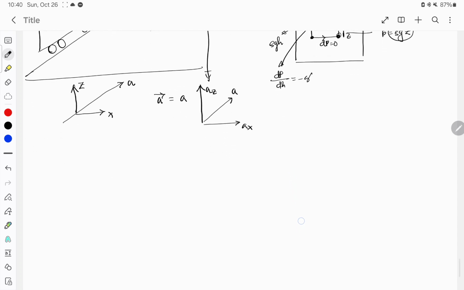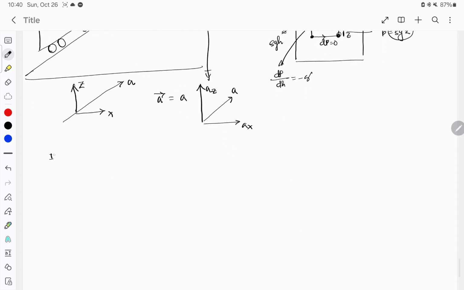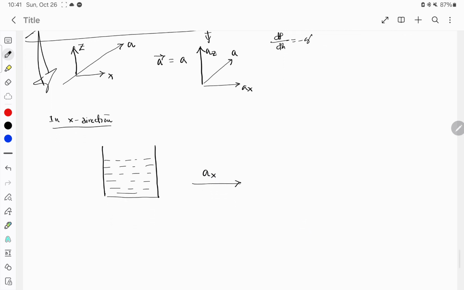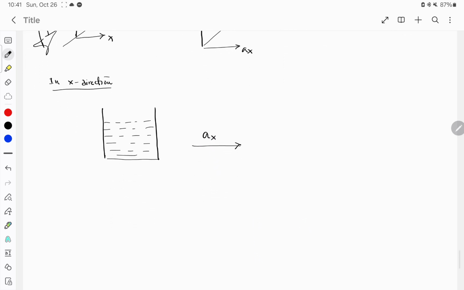So now let us see this particular vessel in the x direction. This was the vessel. I am not drawing the rollers now. So this whole vessel was moving with an acceleration of ax in the x direction.